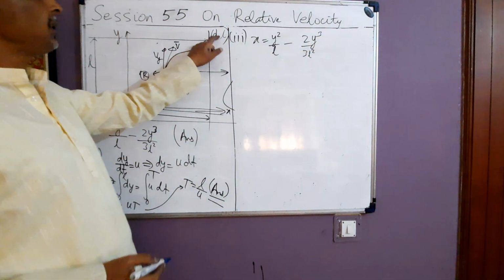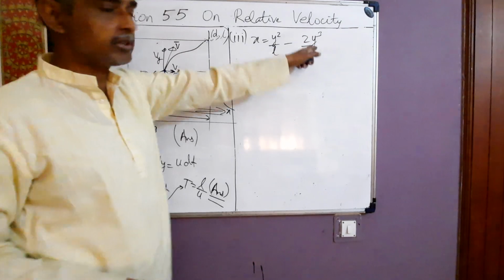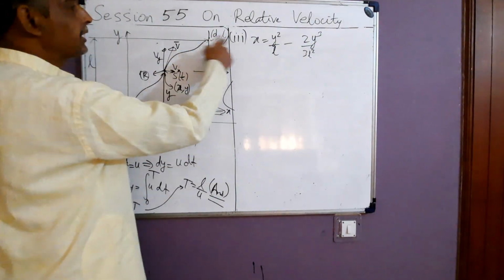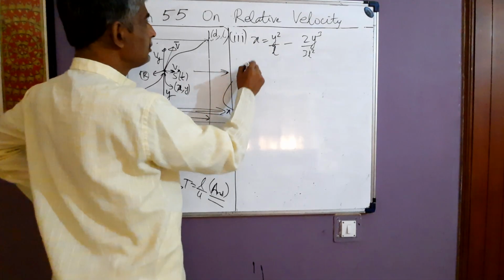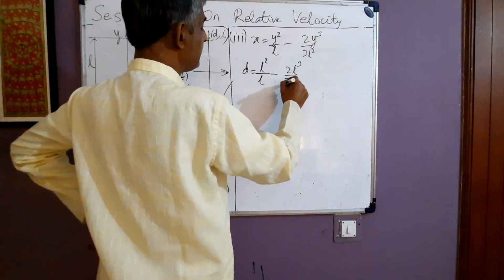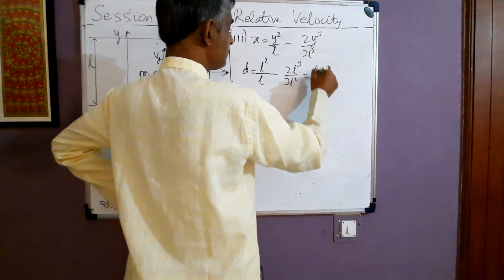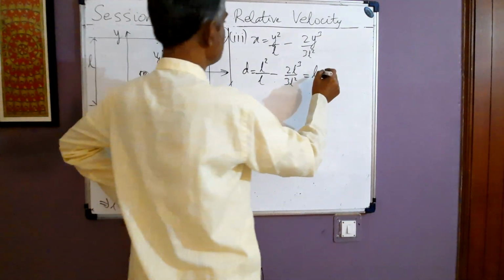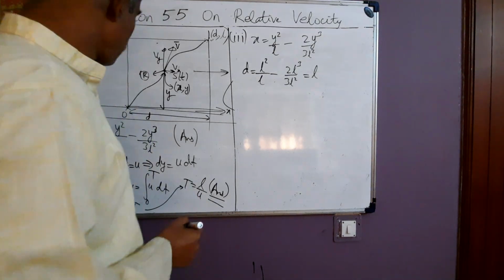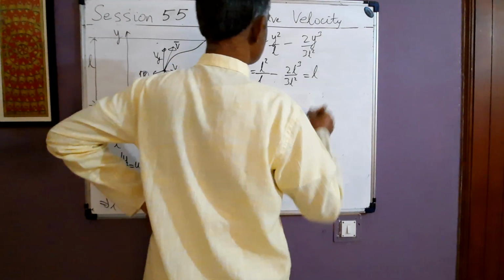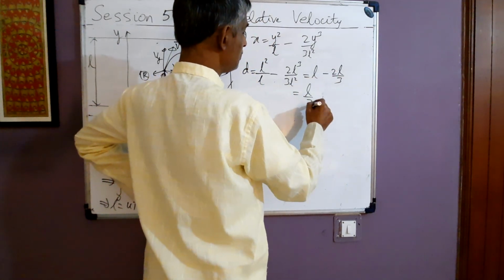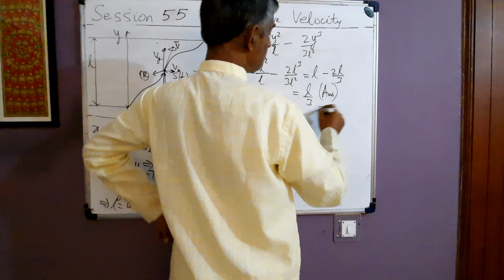For x we write d and y we write L. So d is equal to L square by L minus 2L cube by 3L square. This becomes L minus 2L by 3, that is just equal to L by 3, which is therefore the required answer.